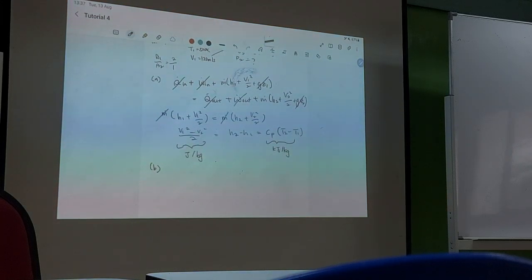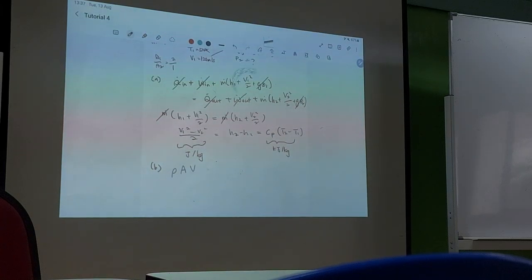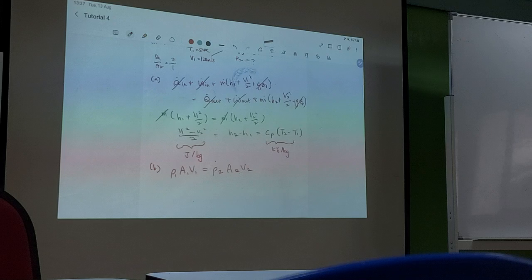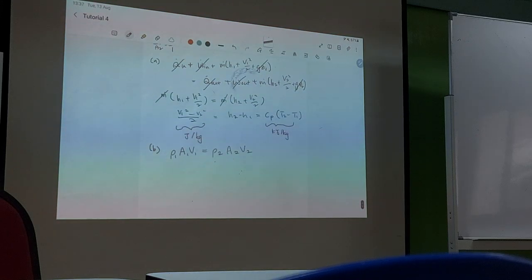In this case, the one that you are more familiar with will be rho A V, right? That is the mass flow rate. Like I said, in our case it is always compressible instead of incompressible.